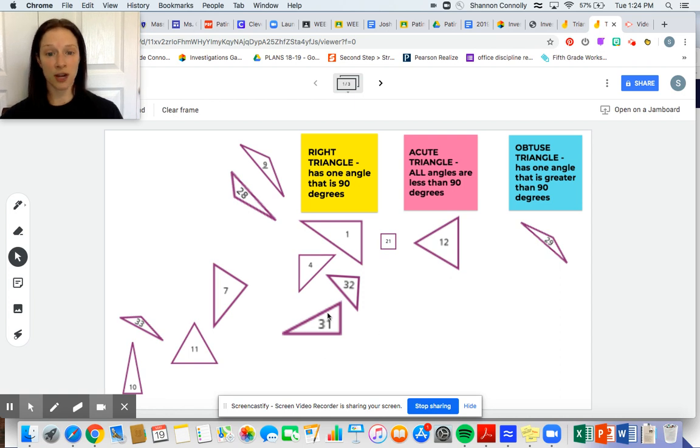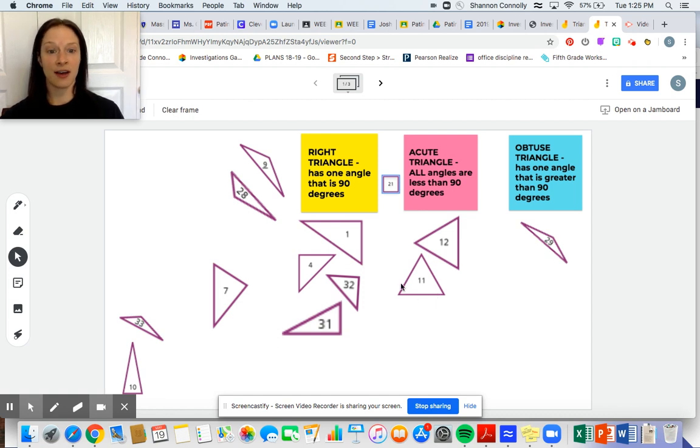So what do these triangles have in common? They all have one 90-degree angle, so we call them a right triangle, okay? Let's look at my acute triangles. Again, if you aren't sure, you take that square or your piece of paper and you measure your angles. But I can tell here that this angle is less than 90, this angle is less than 90, and this angle is less than 90.